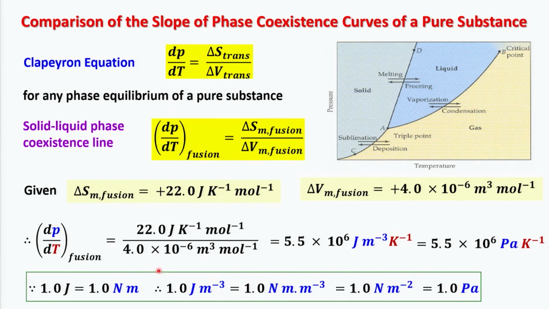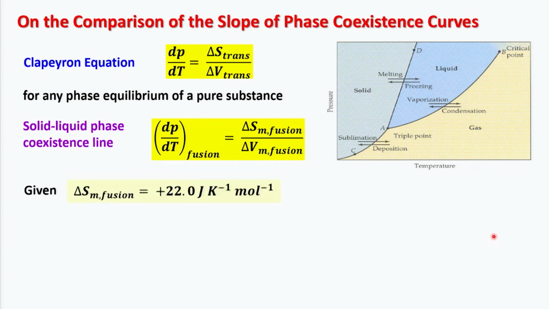Therefore, you can immediately say that per unit change of temperature in the Kelvin scale, there is a change of pressure which is 5.5 into 10 to the power of 6 Pascal. Okay. So, what is my conclusion?